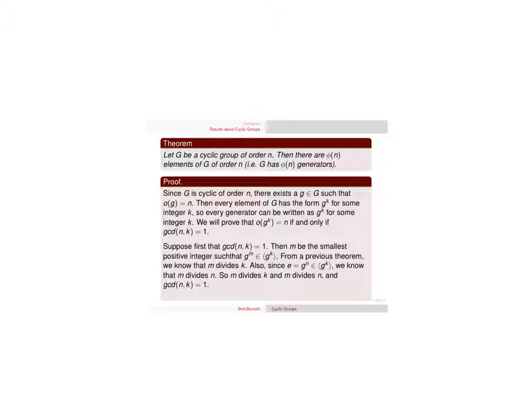And we know by assumption that the GCD of n and k is 1. So n and k have no primes in common, but all the primes in m divide k, and all the primes in m also divide n.